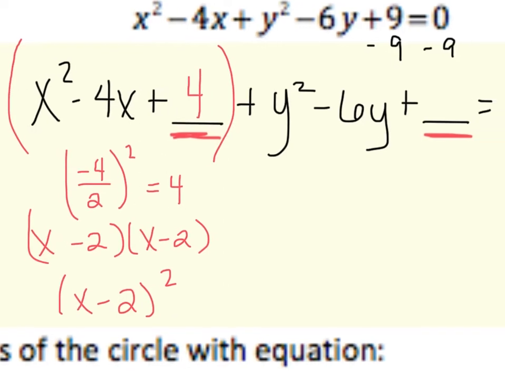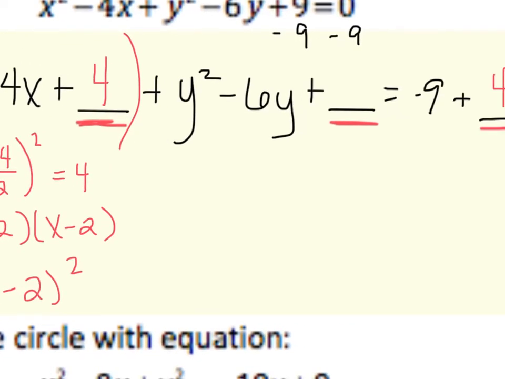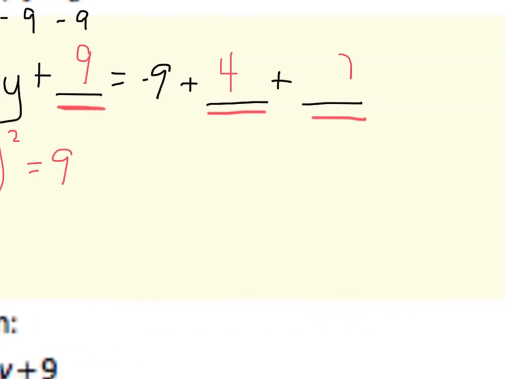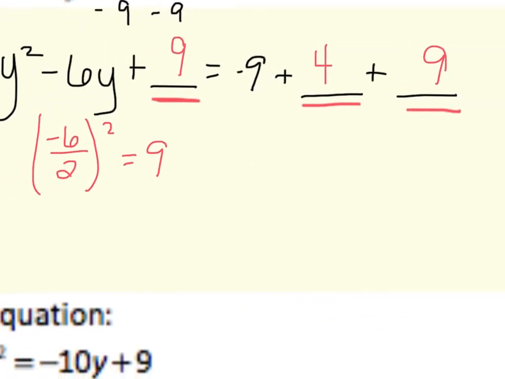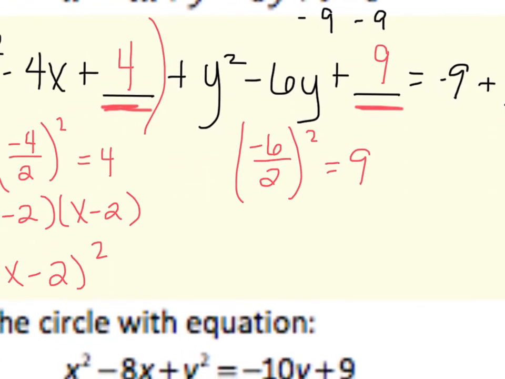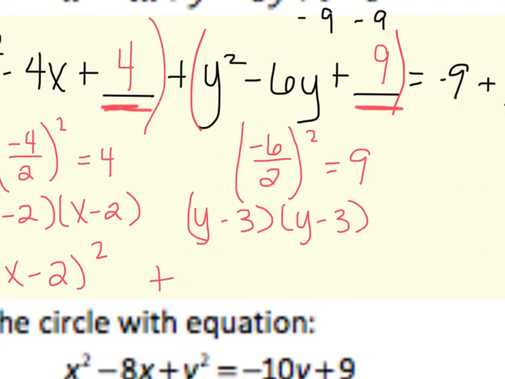We're going to do the same thing with the y. We take that middle number of negative 6, divide it by 2, and square it. That's going to be a 9, so we put a 9 here and a 9 on the right. Again, the reason that works is that if we factor just the y group, we can write it as y minus 3 times y minus 3, or y minus 3 squared.